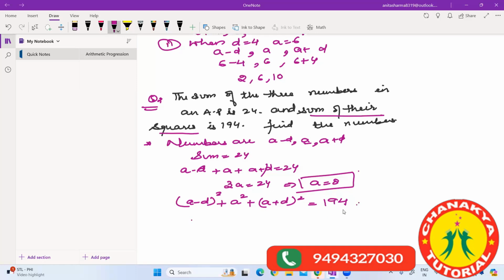Yes, Pranya. Ma'am, we got the value of A as 8, right? Now if we open this bracket, A minus D whole square, we get A square plus 2AD minus D square. When we solve the whole thing, the D square gets cancelled, then we can write 2A square plus 2AD equals 194. And if we do it in that method, we get a different value of D, ma'am.